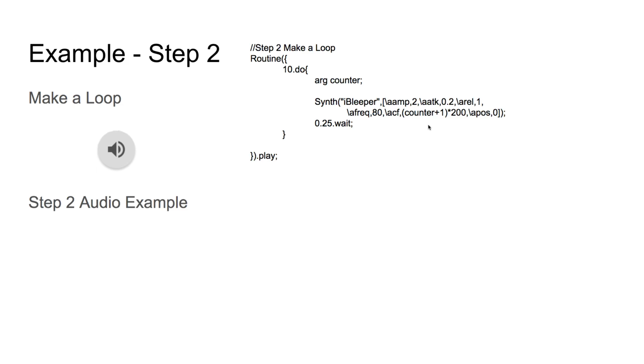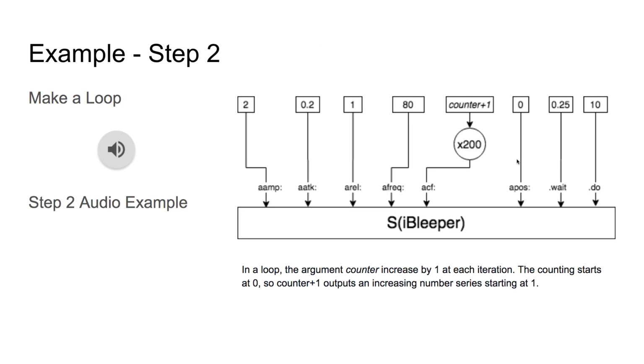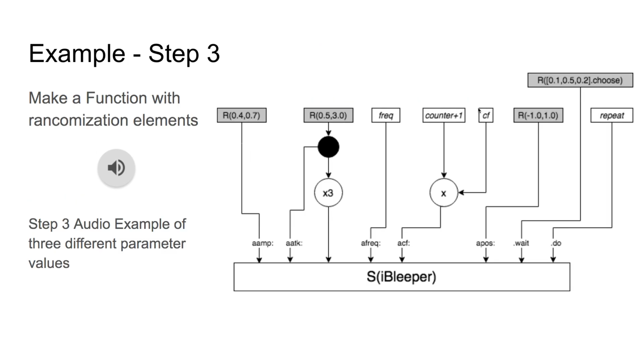Now notice that I also have modified this counter part. Right now in this counter I'm just going through 200 to 2000, like this. But what I just did was basically I have more control on this part. Instead of just constantly multiplying 200, I can specify that by using a CF.